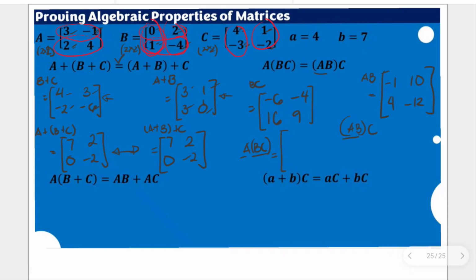So I have here again the row of A. 3 times negative 6 is negative 18. Then negative 1 times 16 is negative 16. So I have negative 18 and negative 16, that's negative 34.